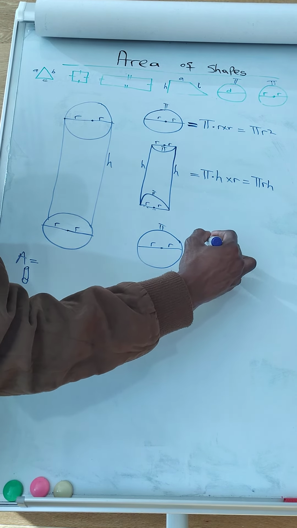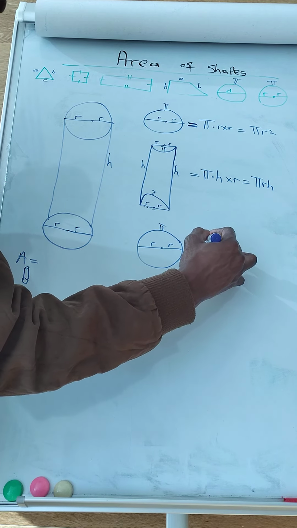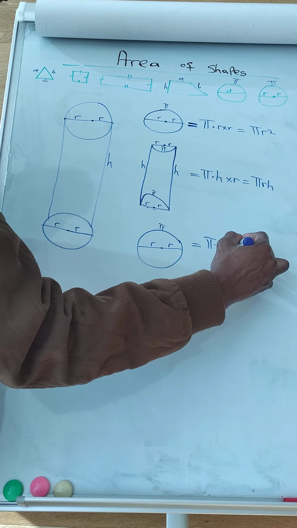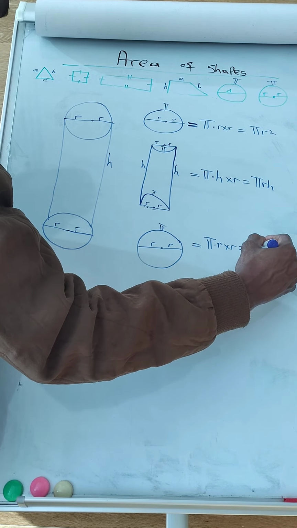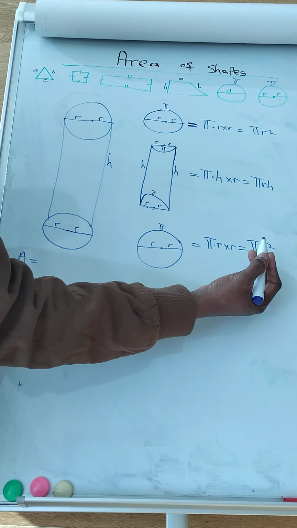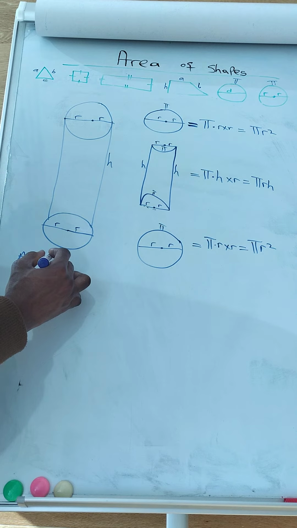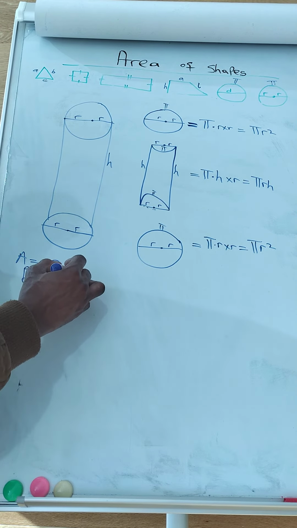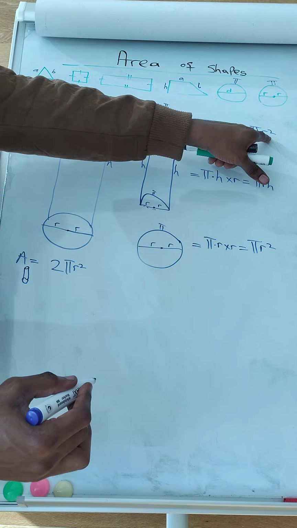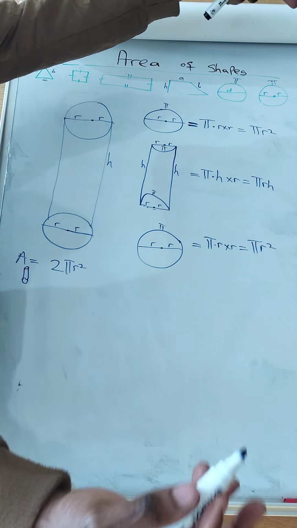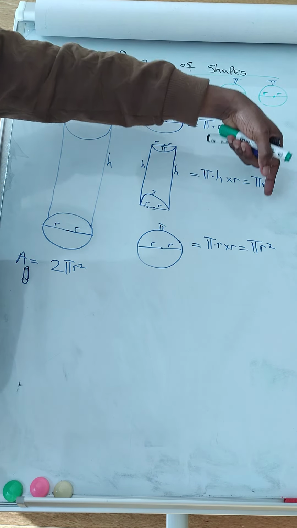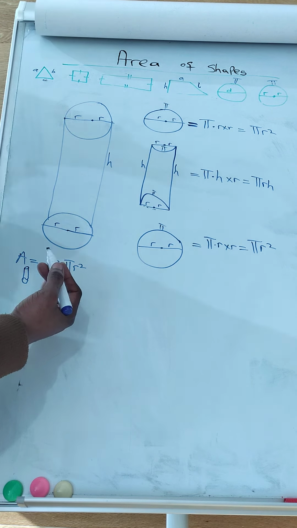For this one, it's also a circle, just like the first one. So the area of this particular one will also be pi times r times r, which is pi r square. So pi r square plus pi r square will give us 2 pi r square, just like a boy plus a boy equals 2 boys in mathematics.